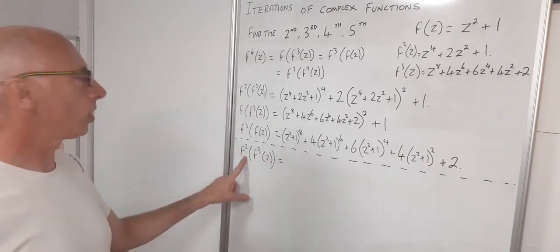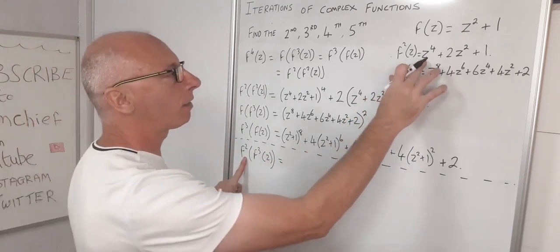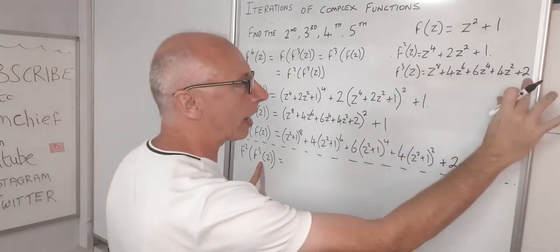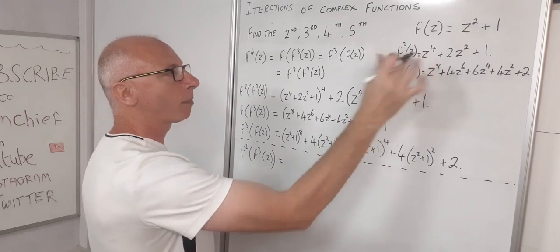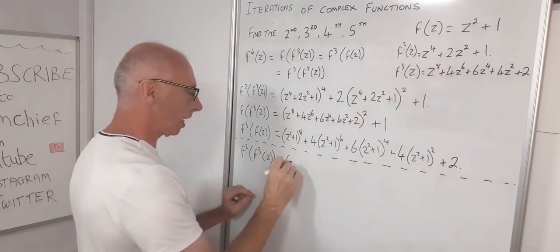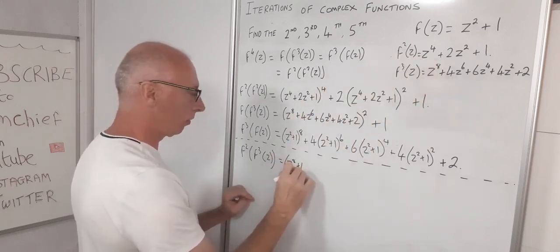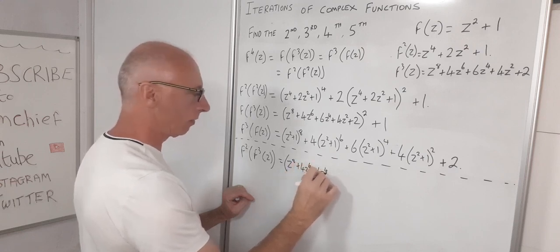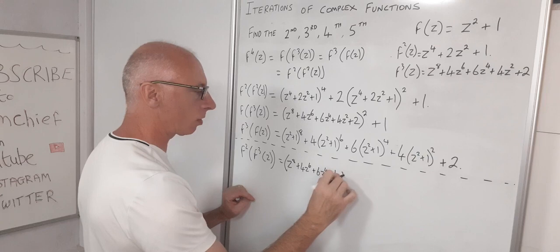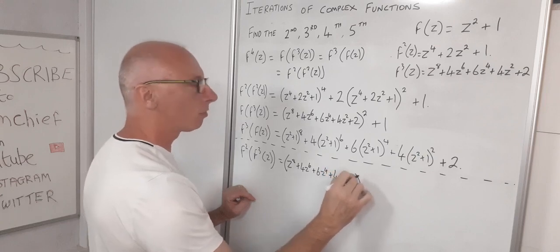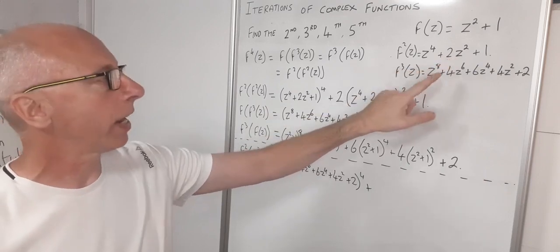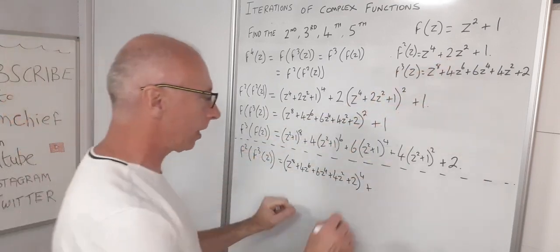Okay, so using f of 2's rule, so z to the power of 4, and I'm inserting f3 of z. So that is what I'm going to insert and raise it to the power of 4. So z to the 8 plus 4z to the 6 plus 6z to the 4 plus 4z squared plus 2, raise that to the 4. And now I've got 2z squared, so 2 times this and square it.